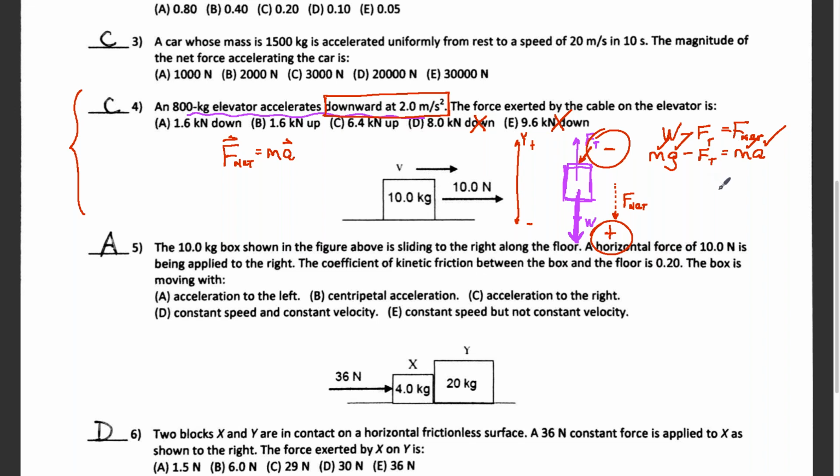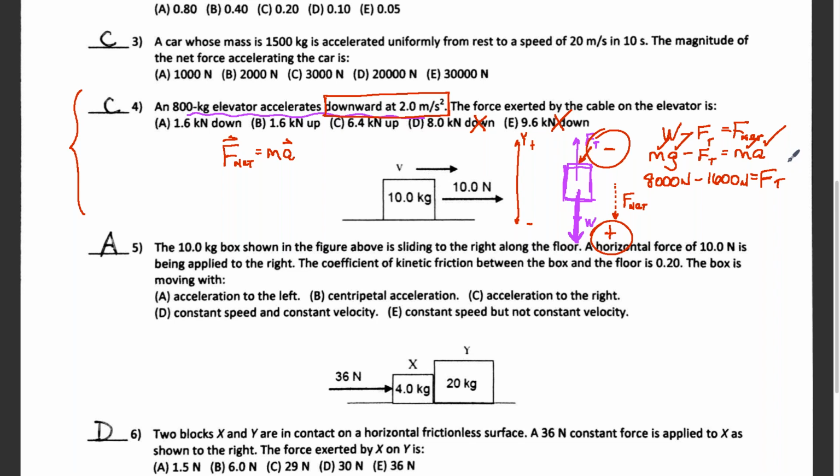We can solve this for the tension force by adding it to both sides, and I get m g, 800 times 10, that's going to be 8,000 newtons. I'm going to subtract from it m a, it's 800 times 2, which is going to be 1,600 newtons. And that's going to be equal to FT. Give me a second here.